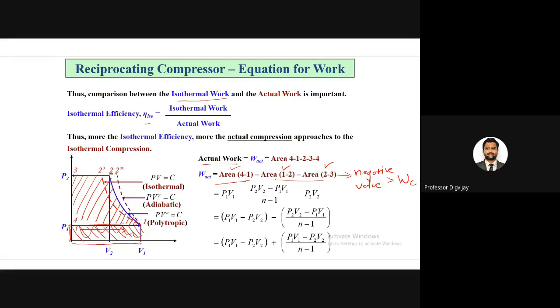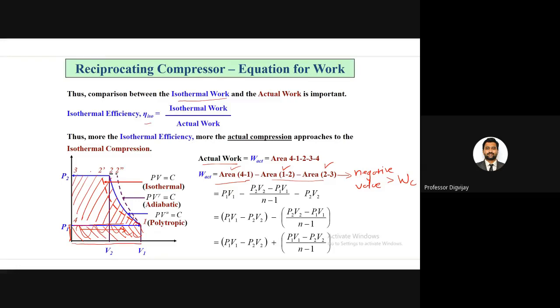Now how to calculate area under 1 to 2? In this first case, I have taken it as an isothermal compression. For isothermal compression, you might have studied this in the first chapter, or you might still be studying it. The work required under this compression is given by P2 V2 minus P1 V1 divided by n minus 1. Here n is the index of that polytropic compression, minus area 2 to 3.